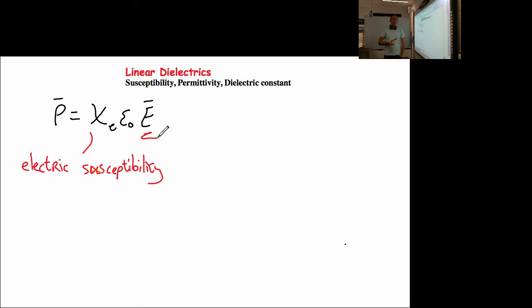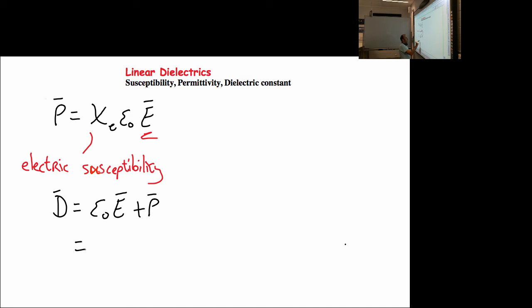Now in linear and isotropic dielectrics, the electric displacement can be written as, and we found this previously, D is equal to epsilon naught times the electric field plus the polarization.